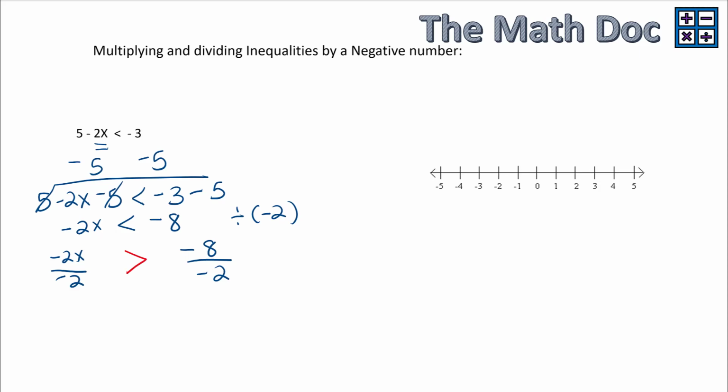So now just to solve this, we have negative 2x divided by negative 2 on the left. That leaves us with just x because the two negatives cancel, as do the two 2's. On the right, we have negative 8 divided by negative 2. So we just have positive 4. And together, this result is x is larger than positive 4.